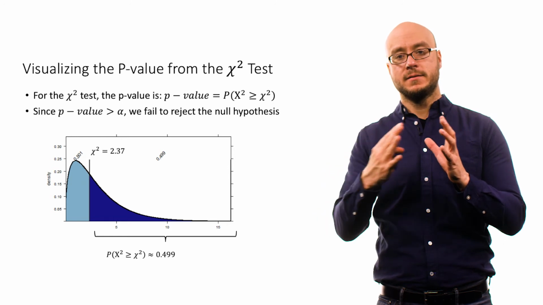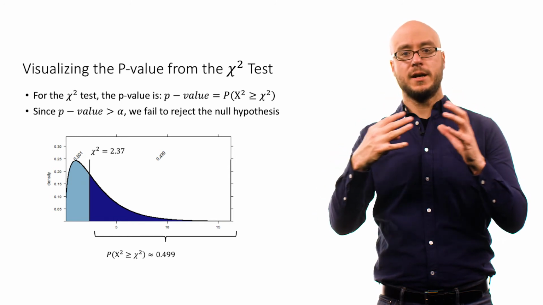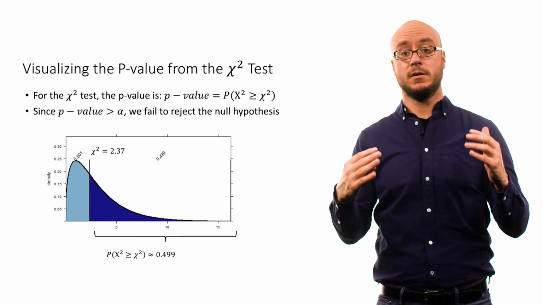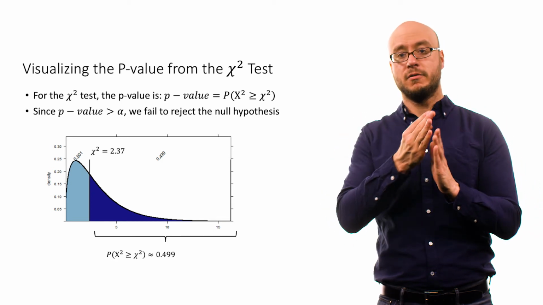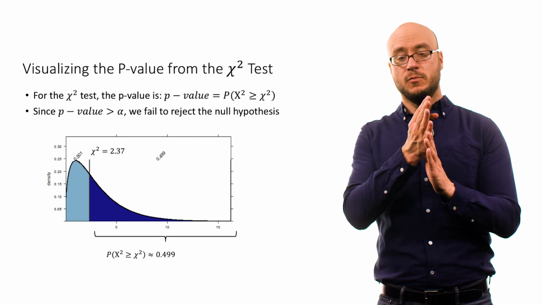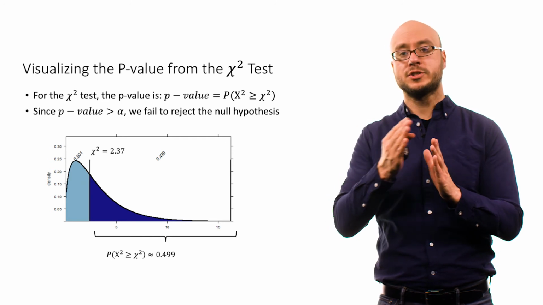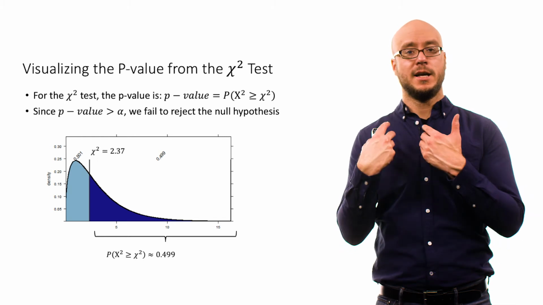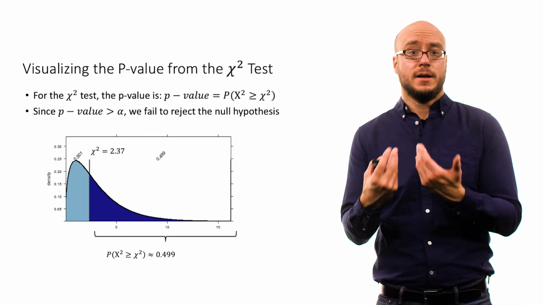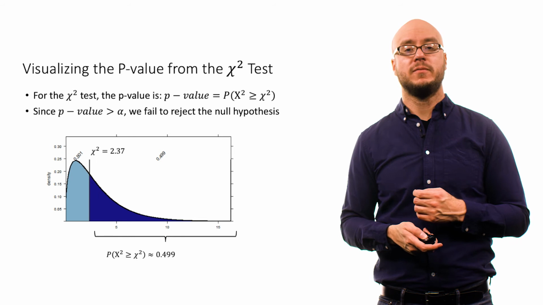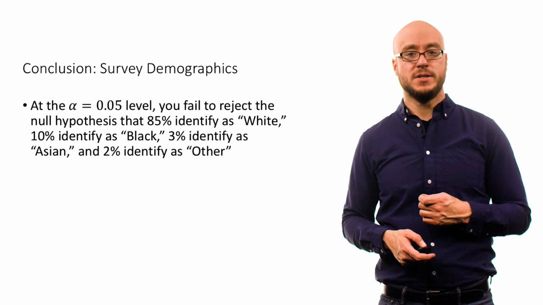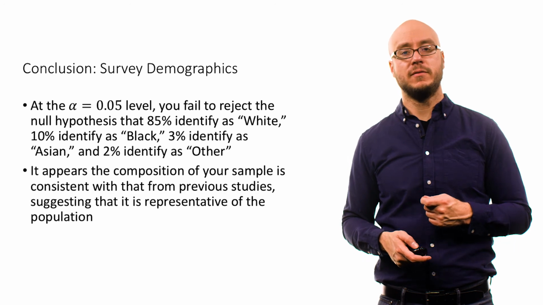If you take the total area under the chi-square distribution model, that area under the entire curve is 1. The area to the right of our chi-square test statistic, reflecting the probability of obtaining more extreme chi-square test statistics, is 0.5. It's quite likely that we would obtain a more extreme value. Therefore, we fail to reject the null hypothesis at the alpha 0.05 level.